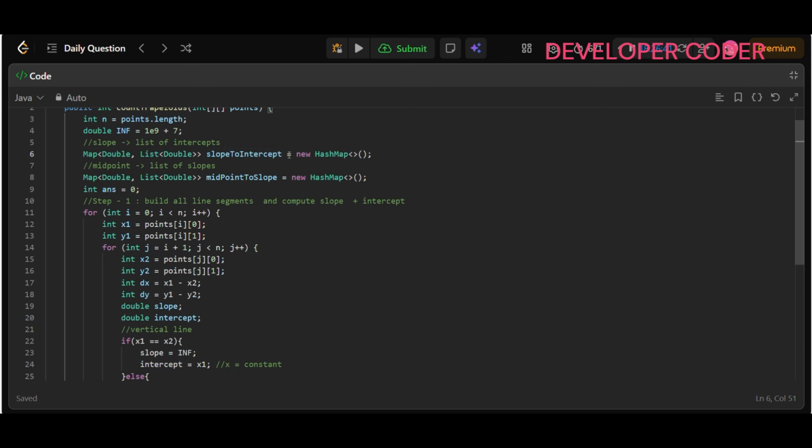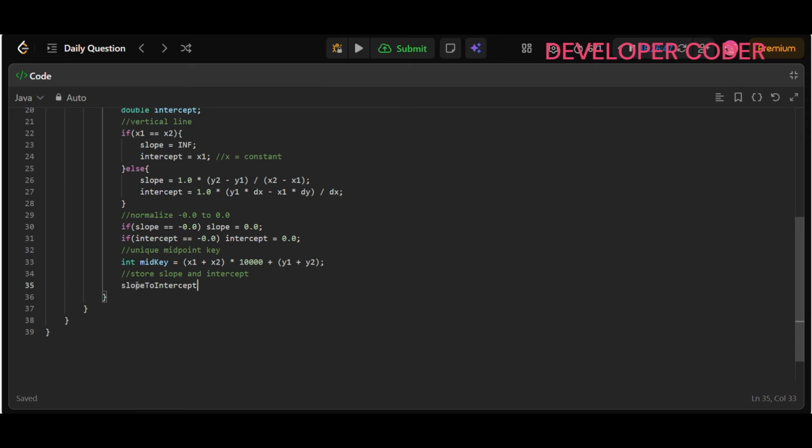Just copy this: slope to intercept dot compute if absent. It checks whether this particular key, the slope, is there or not. In this slope I have to add the intercepts. So if this key is absent, create one new ArrayList.